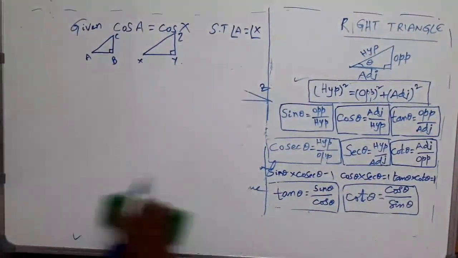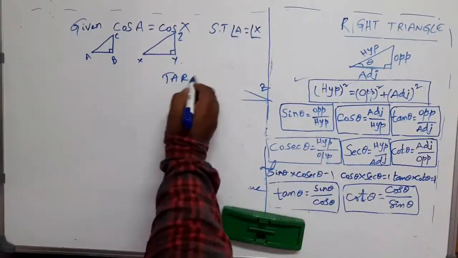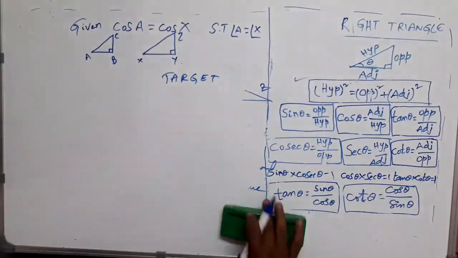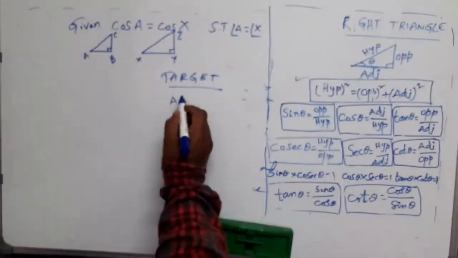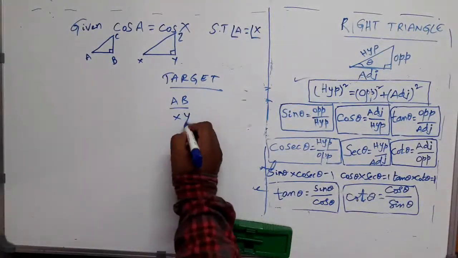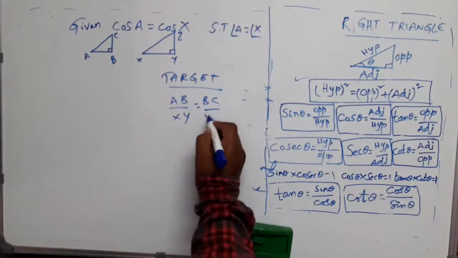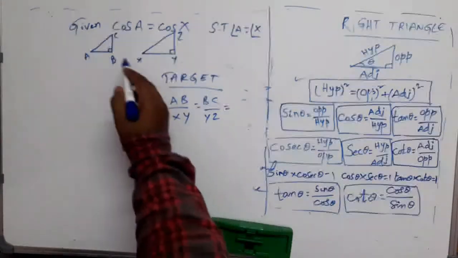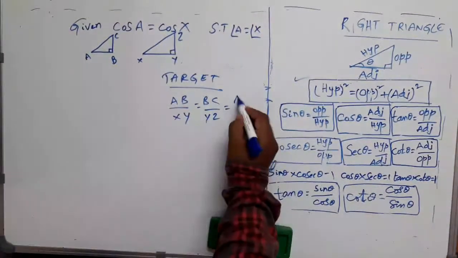So my target now, what is my target? I want to show AB upon XY is equal to BC upon YZ, which is equal to AC upon XZ.